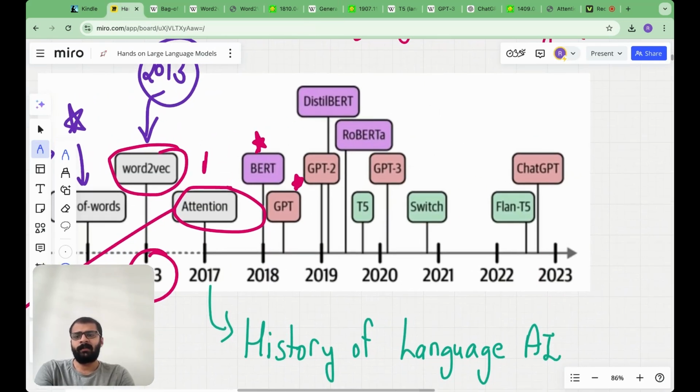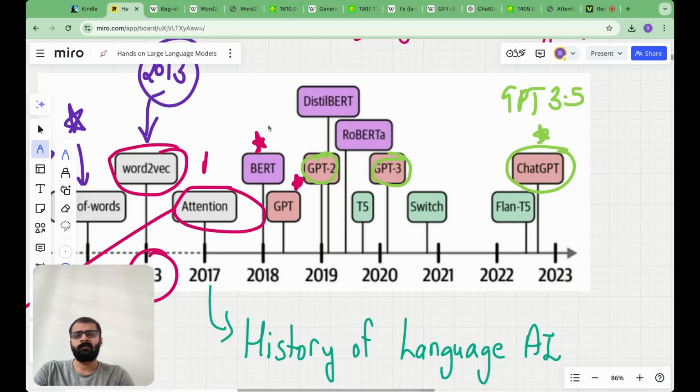Based on GPT, there were huge advancements which happened later. After GPT-1 came GPT-2, then GPT-3. Now we have GPT-4. ChatGPT came out, which is the product version of GPT-3.5.